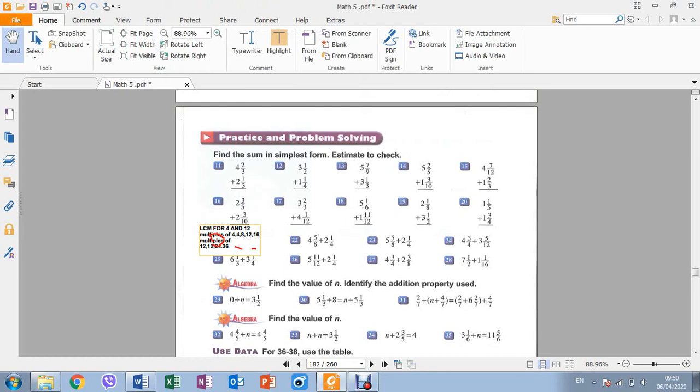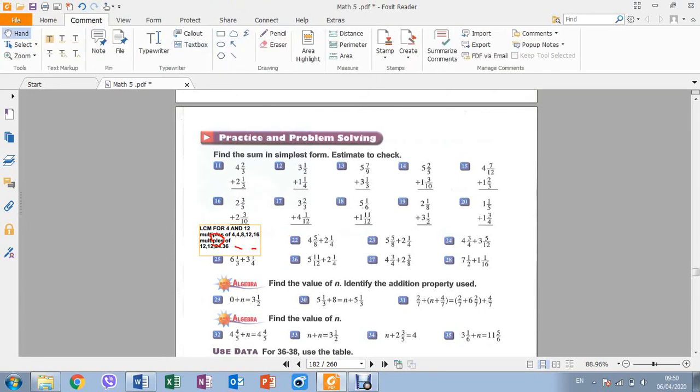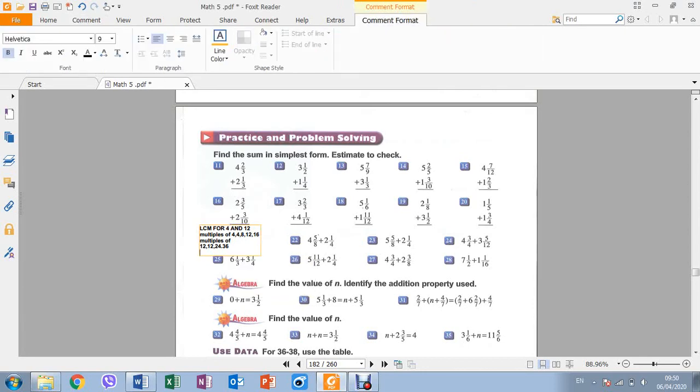So this is 12. Okay, so LCM equal to 12, at the same time equal to LCD.